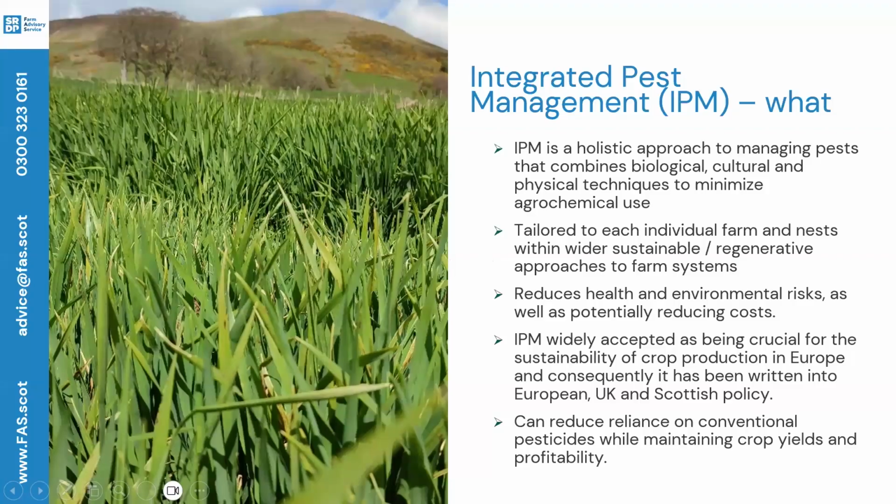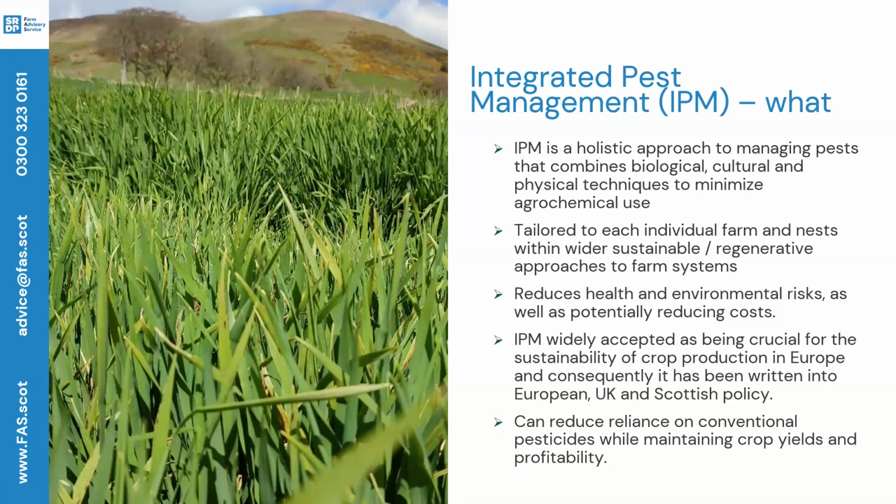So quickly, the what and the why. The what, I think many of you will be familiar with. IPM is that holistic approach, combining all those different methods to really minimise your agrochemical use. And it's tailored, this is important, to each individual farm. And it nests beautifully within regenerative approaches to farm systems. Many of the IPM approaches, like diversifying rotations, fit really nicely into a regenerative approach to farming anyway.